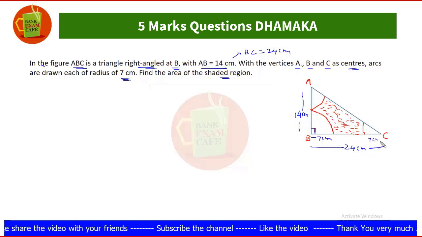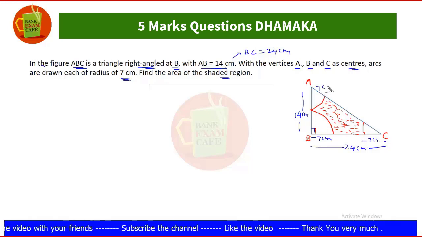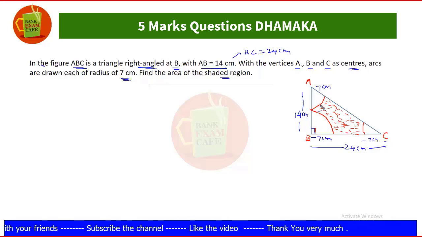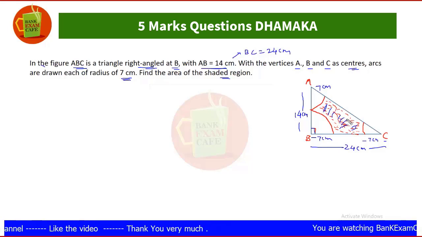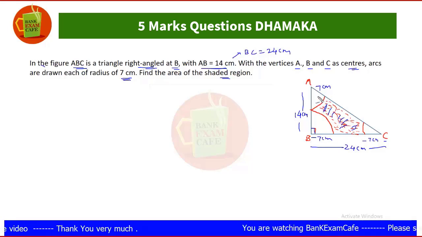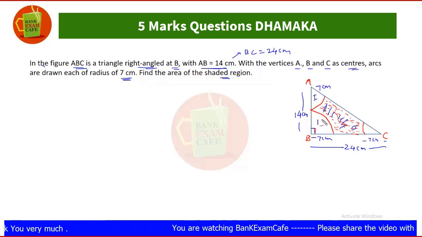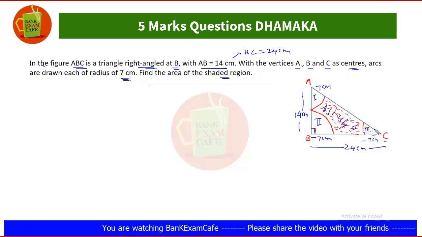This radius is also 7 centimeter and this radius is also 7 centimeter, and we have to calculate the area of the shaded region. So the area of the shaded region can be calculated as area of this triangle minus area of these arcs, that is area of arc 1, area of arc 2 and area of arc 3.